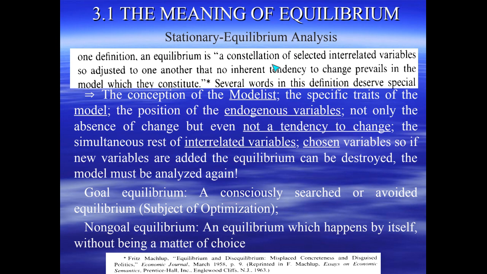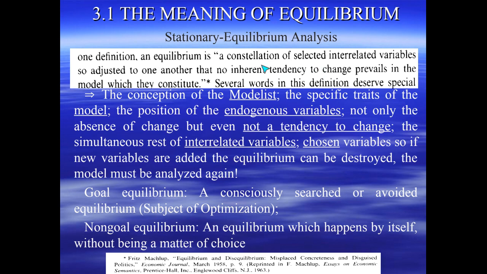Exogenous are independent, and endogenous variables are dependent variables, or explained and explanatory variables. Explanatory variables are rather exogenous, and explained variables are endogenous, which means they find their equilibrium values, their solution values, in the model itself, by the solution of the model.